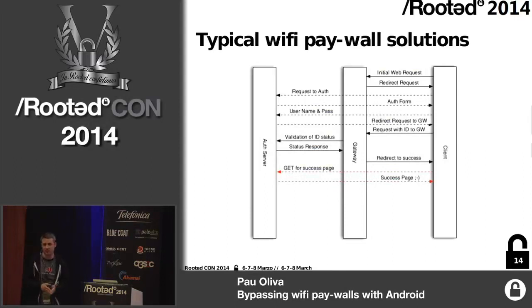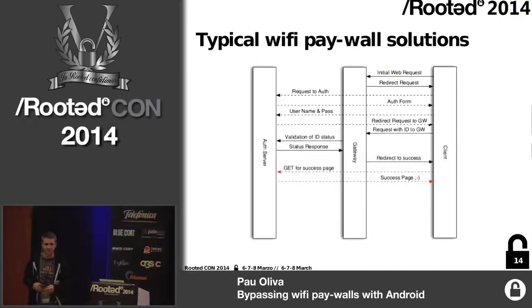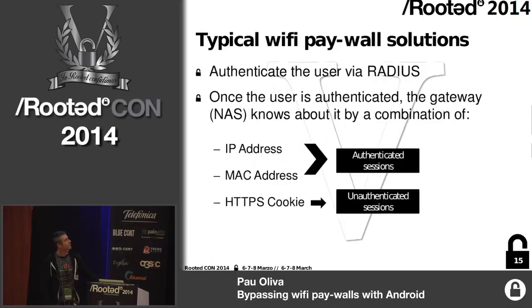There are two possibilities: the RADIUS request is accepted or rejected. If it's accepted, the client is marked as authenticated on the internet. If it's rejected, it gets back to the previous website because your credentials are not valid. This is how it works. As you can see, it's very simple. There are no secrets in between.